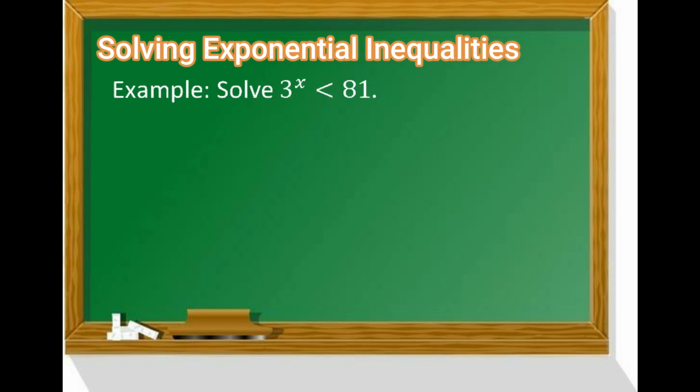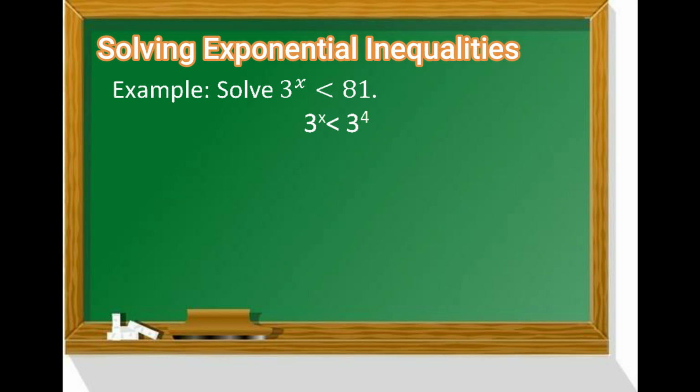Example: solve 3 raised to x is less than 81. Step 1. Rewrite the inequality so that the bases are the same number. 81 can be written as 3 raised to 4. So we have 3 raised to x is less than 3 raised to 4. Step 2.